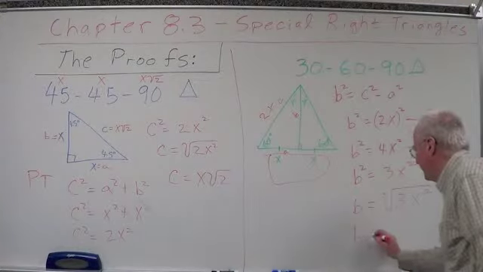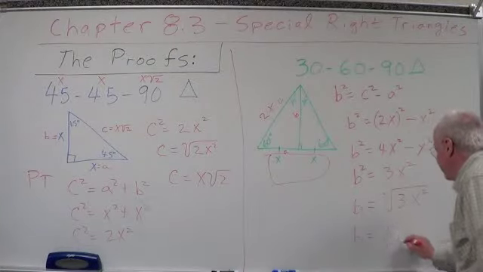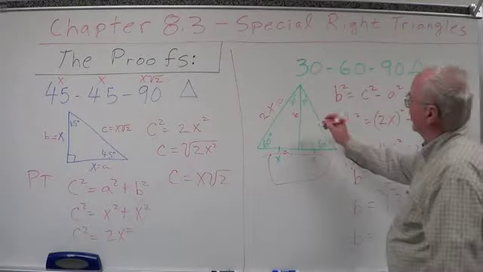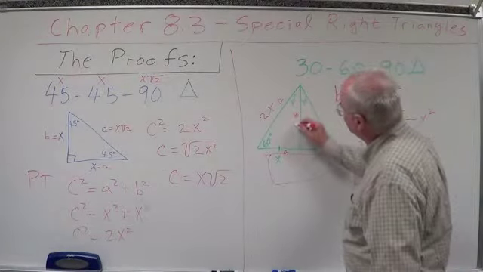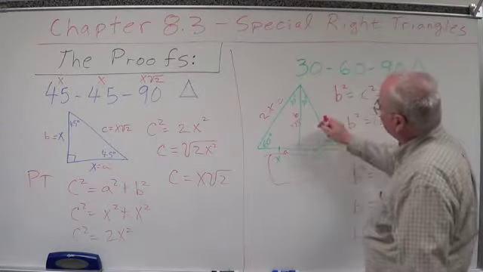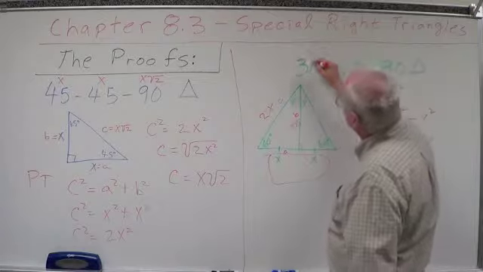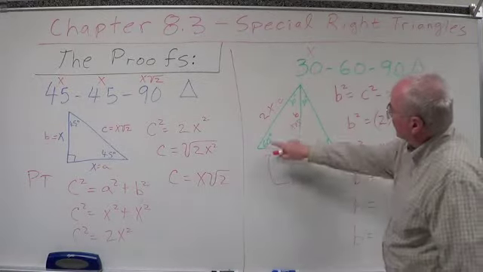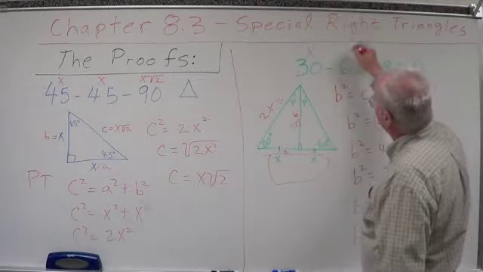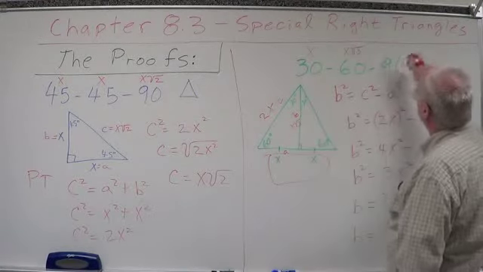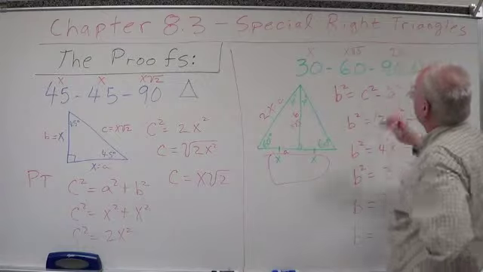So B equals x square root of 3. So across from the 30 degree angle is your x, across from the 60 degree angle would be x times the square root of 3, and across from your 90 degree angle is 2x.